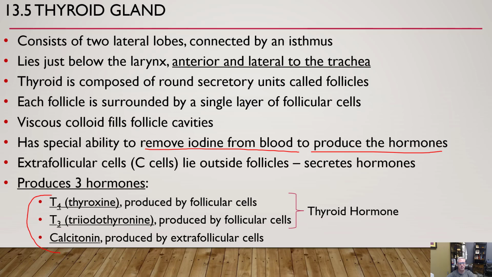T4 is converted into T3 in the peripheral tissues. And then thyroid hormone basically increases the metabolic rate, meaning that it increases the rate at which cells release energy from carbohydrates, enhances the rate of protein synthesis, and stimulates the breakdown and mobilization of lipids.